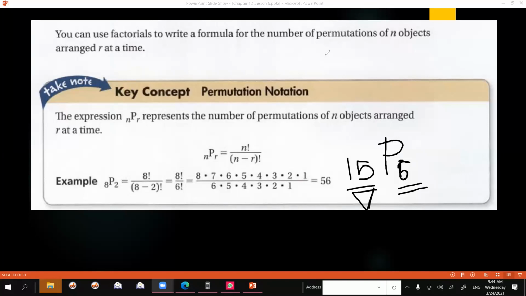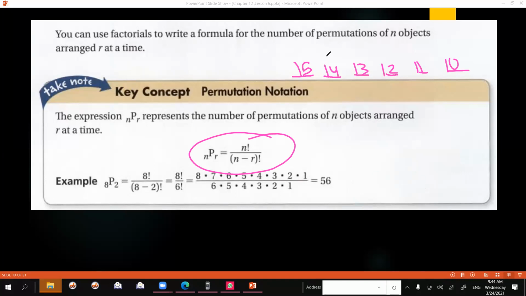Now you can use N factorial as I did for you before. You have to put 6 blanks here, and you start multiplying from 15. But there's a formula that can help: N factorial over N minus R. As an example, 6 from 15.